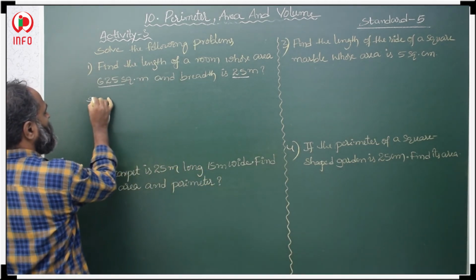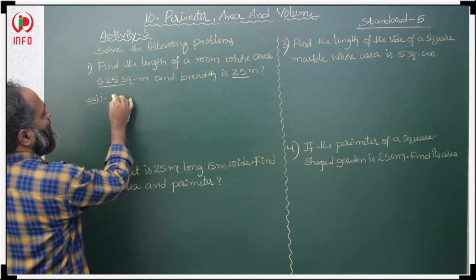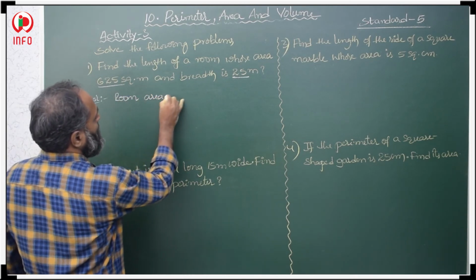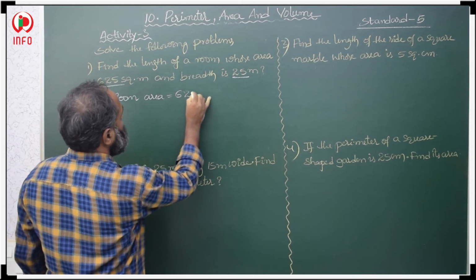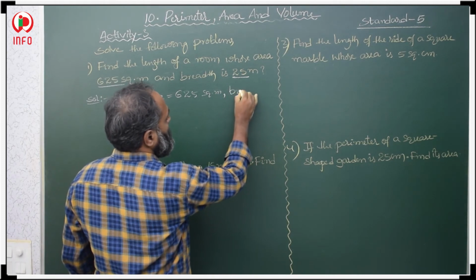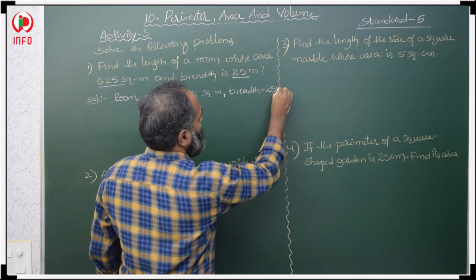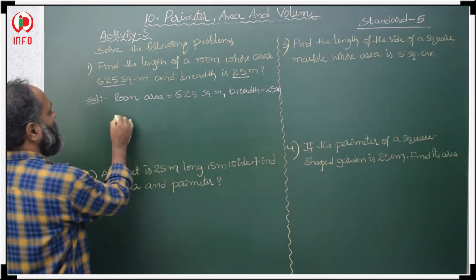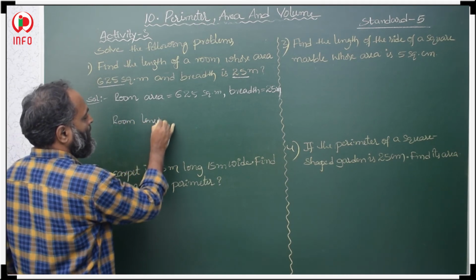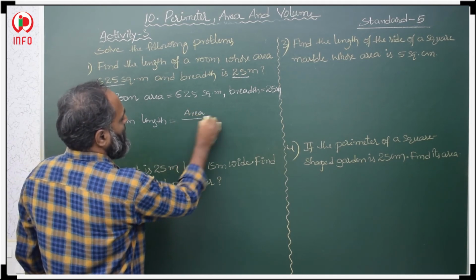So the area of the room is given. Room area is equal to 625 square meters and breadth is 25 meters. Then room length is equal to area by breadth.